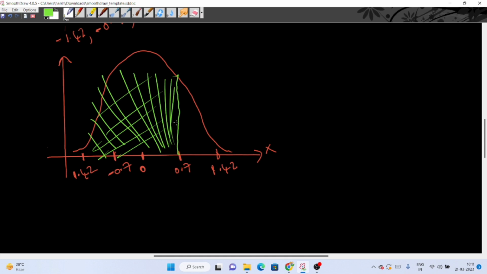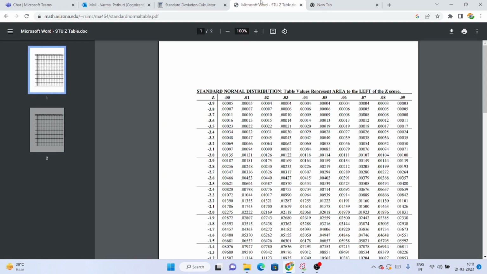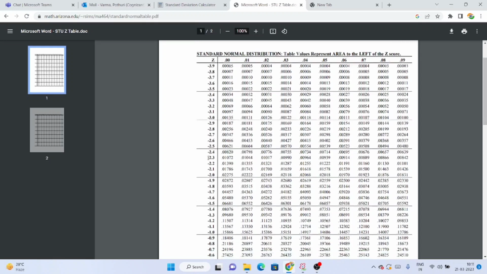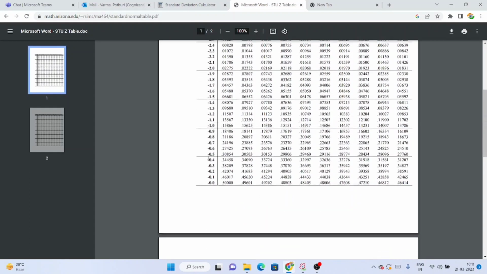Using that critical value, we can find the percentage of area in this curve up to 0.7. So first of all, let us go to the z-table and find the value of 0.7. This is my z-table, and I have to find the critical value of 0.7.